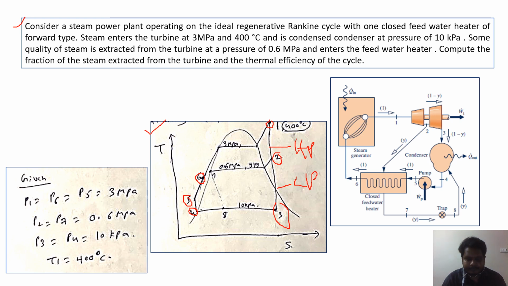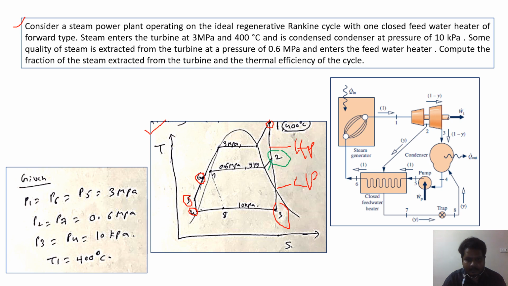Moreover, in the regenerative closed feed water heater, after expanding through the high pressure turbine at point 2, some fraction of steam is extracted at the exit of the turbine.